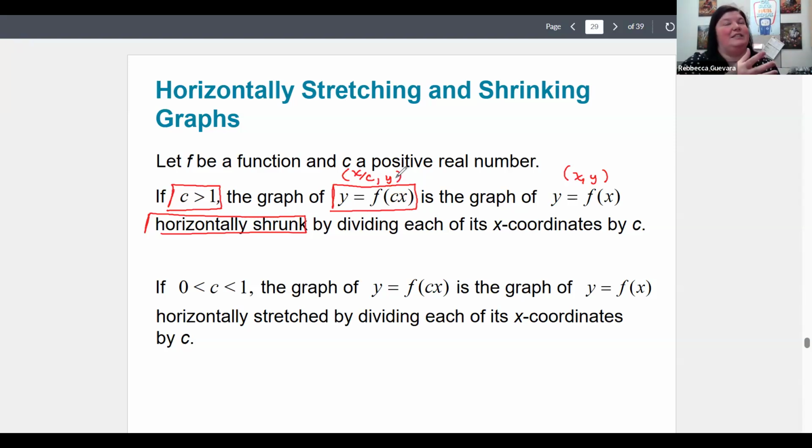And once again, we're dividing by that C to cancel out the fact that we're multiplying inside the function. So it's once again to make sure we keep those same y values.